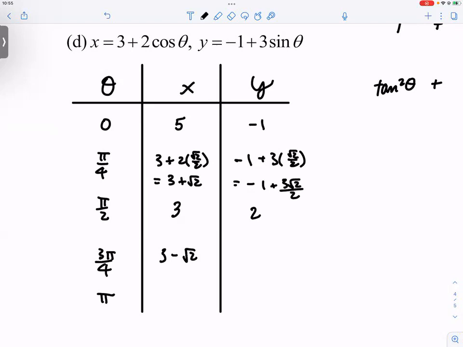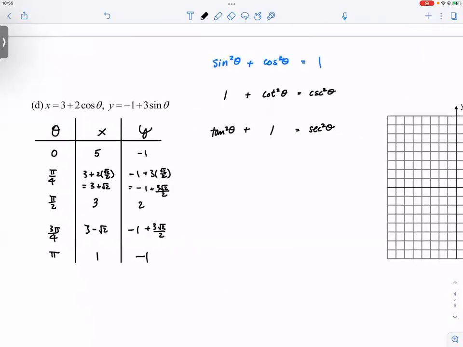So 3 minus root 2, and then you have the same y number, because sine of 3 pi over 4 is the same as sine of pi over 4. And for pi, cosine pi is negative 1, so x becomes 1, and then y becomes negative 1. Okay?